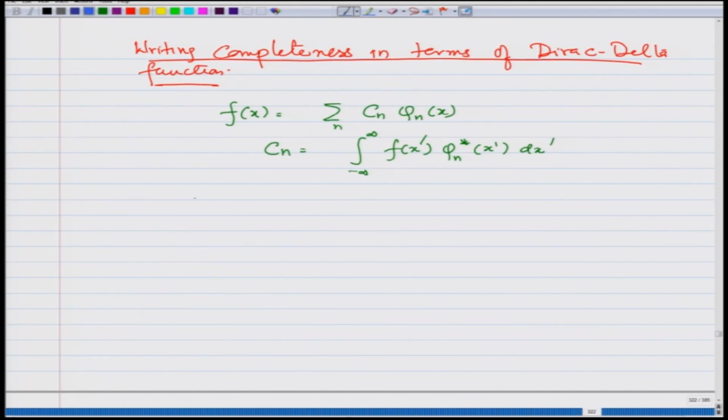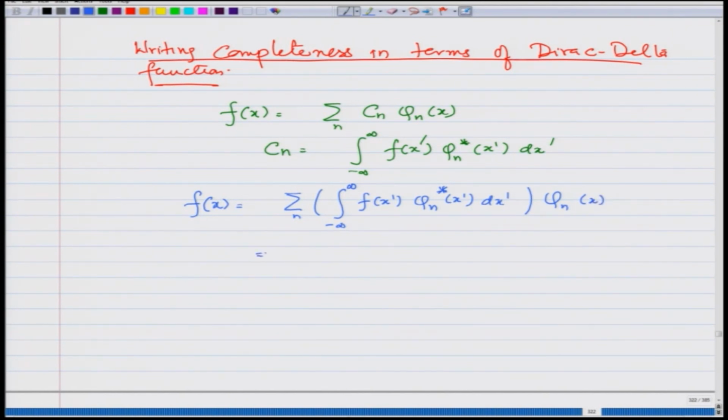Then I have f(x) is equal to summation over n of the integration from minus infinity to infinity of f(x') phi_n star(x') dx' times phi_n(x).